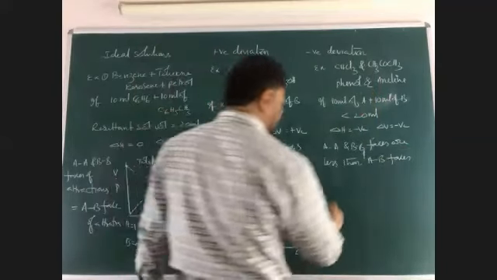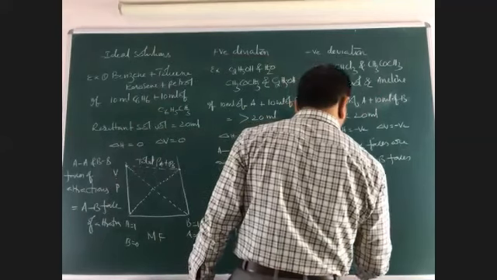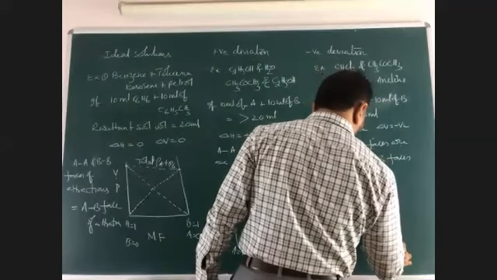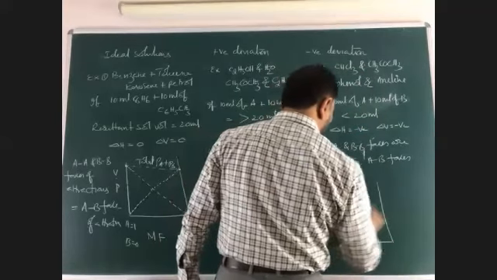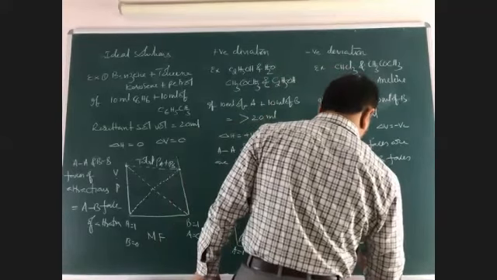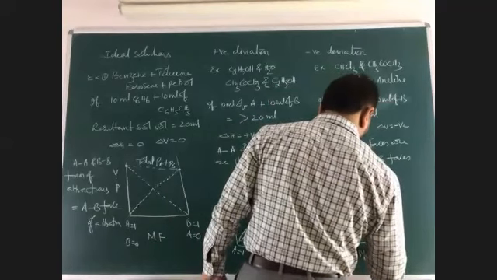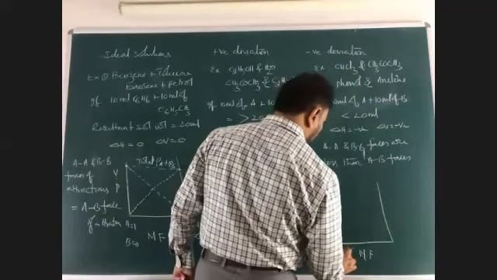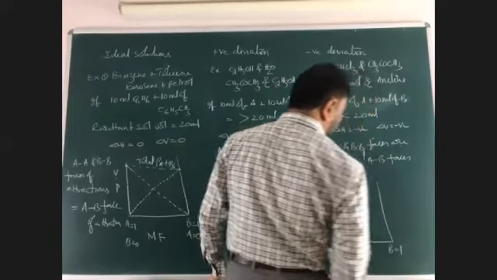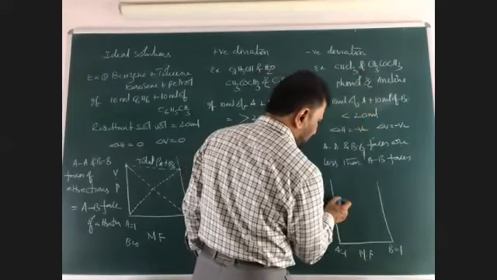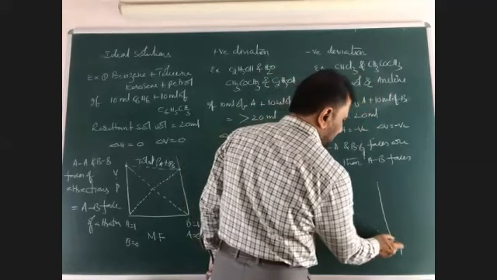AB force. In this case, you can draw the graph like the same. Vapor pressure, and this is mole fraction. Mole fraction of A is equal to 1 here. Mole fraction of B is equal to 1 here. So as usual, we can write like this. This is the ideal condition.